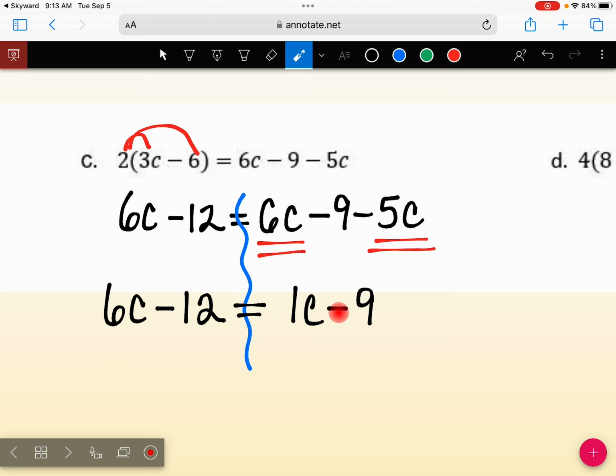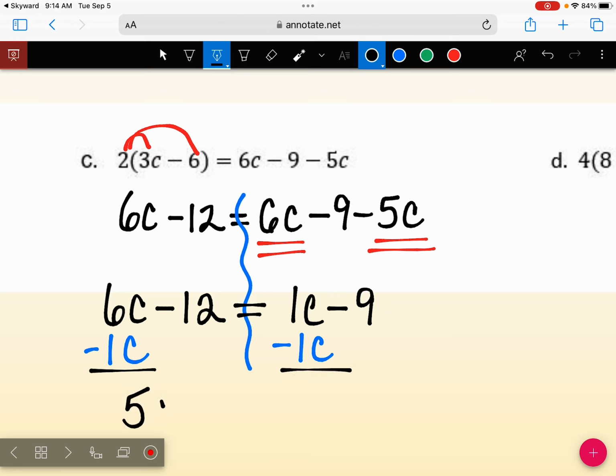Only because I'm trying to avoid a negative in this step, I'm going to subtract 1c from both sides, so go ahead and subtract it. That gives you 5c minus 12 equals negative 9.